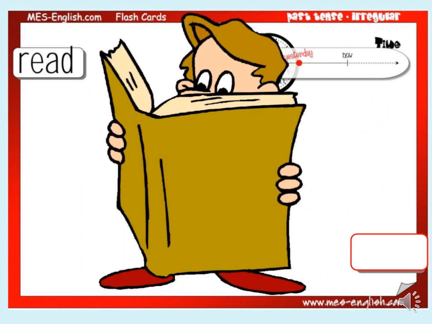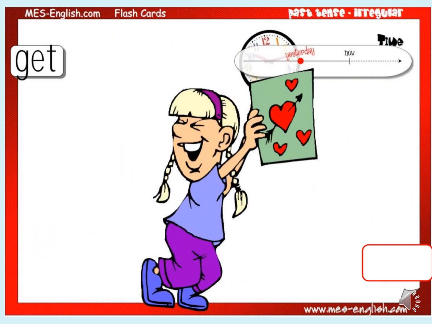What about read? Read, read. You notice here that they have the same spelling but with different pronunciation. Read, read. What about get? Get, the past tense from get is got. Get, got.